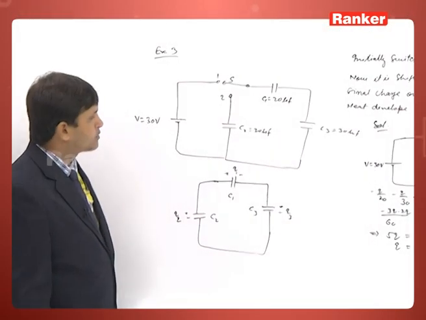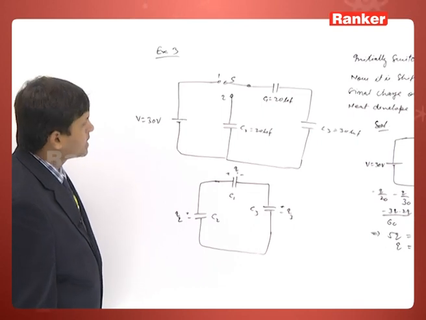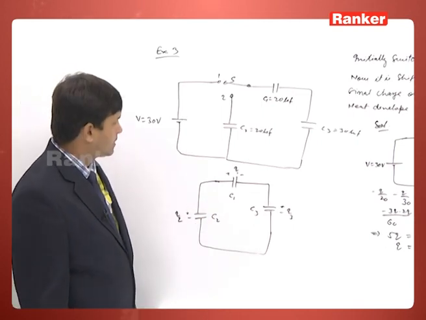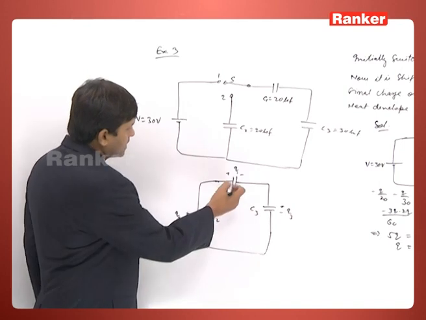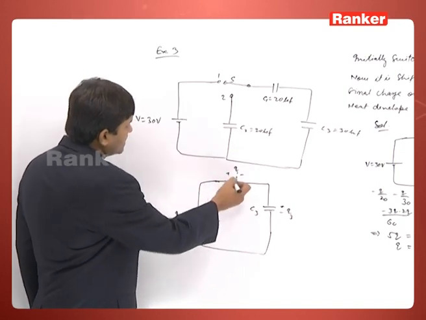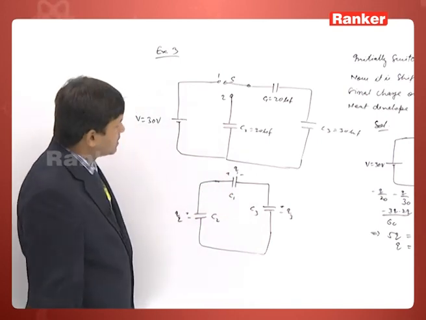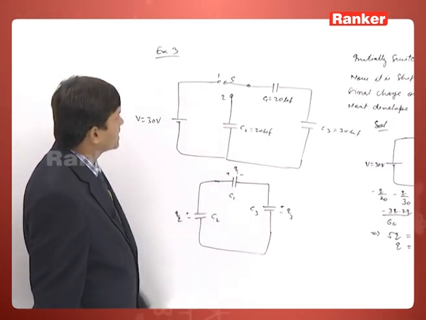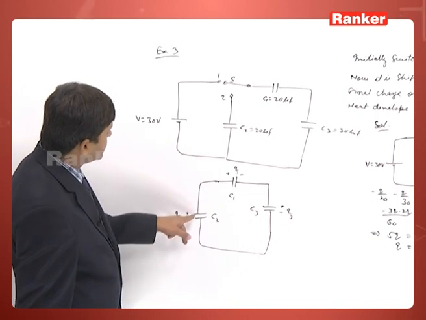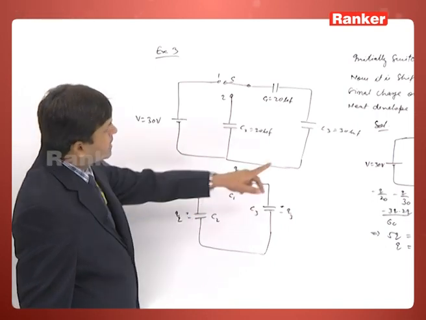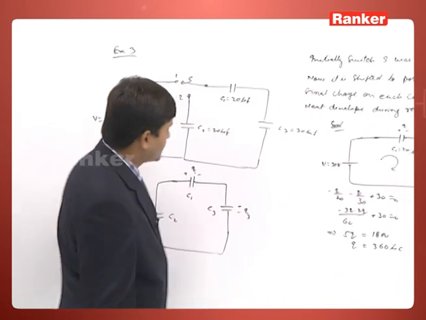This is the final distribution of charge. Now we can use Kirchhoff's first and second law. See, these two plates are isolated. Whatever charge these two plates initially have, only the flow of charge will take place. Initial charge on C2 was 0. Q1 has charge Q, which is your 360.